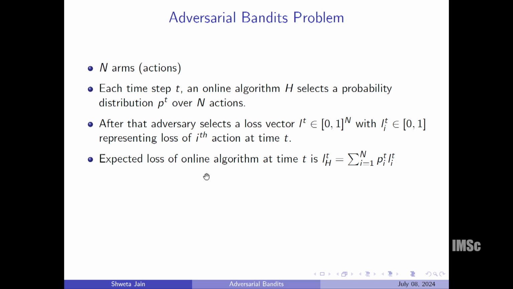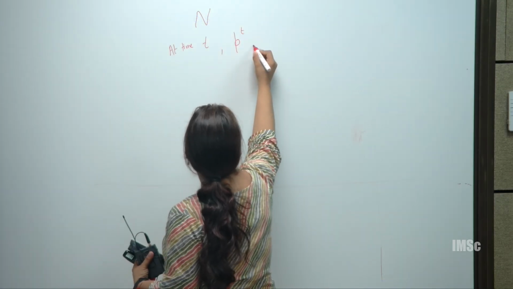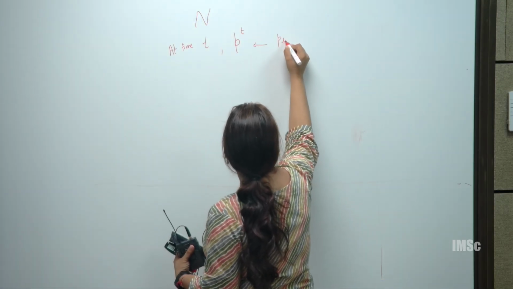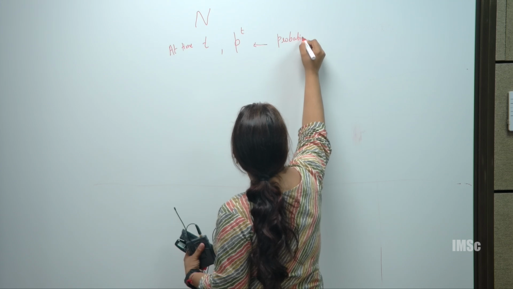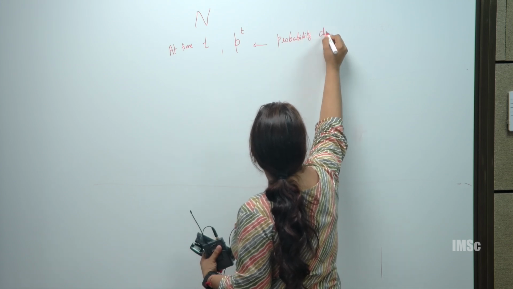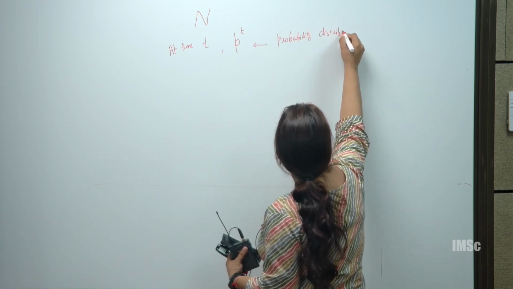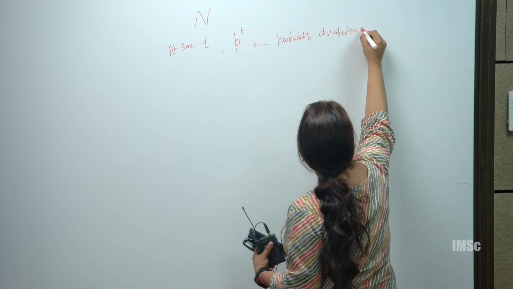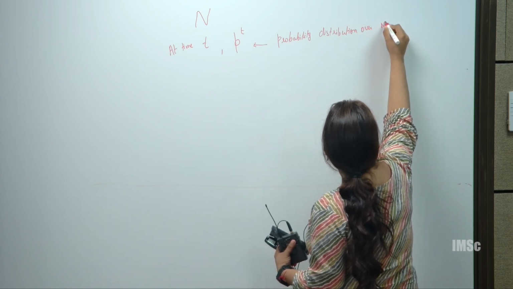So I have n arms, and at time t I represent by Pt the probability distribution over the n arms.